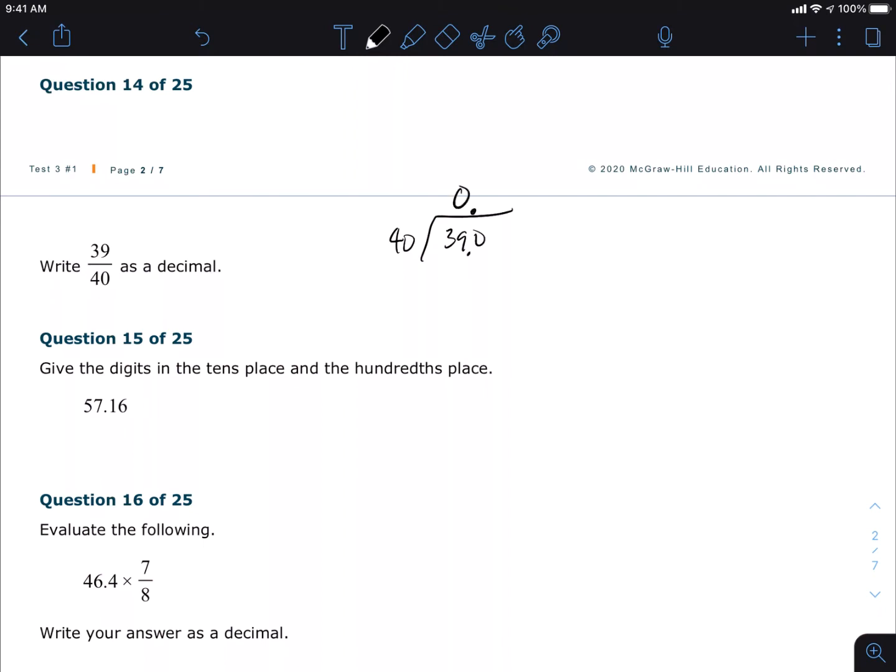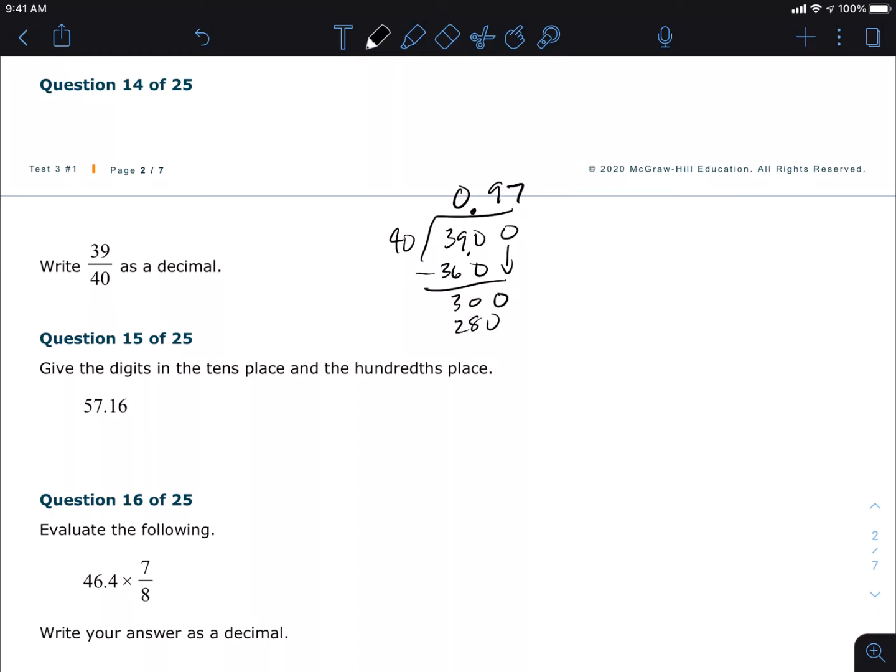There's a 0 there because 40 doesn't go into 39, but 40 does go into 390. 10 would have gotten us 400, so that means it's a 9. So that's going to be 360. Now we got to bring down a 0. I think that's a 7.